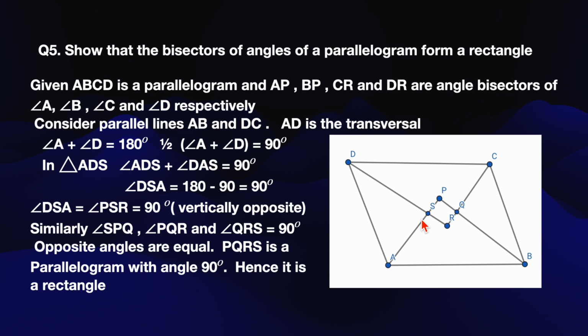So what is this angle DSA? This angle is 180 minus 90, which is 90 degrees. Now this angle PSR is vertically opposite to this, so this angle is also 90 degrees. So we have proved that this angle is 90 degrees. Similarly, we can prove this is 90, this is 90, and this is also 90. So this is a rectangle.